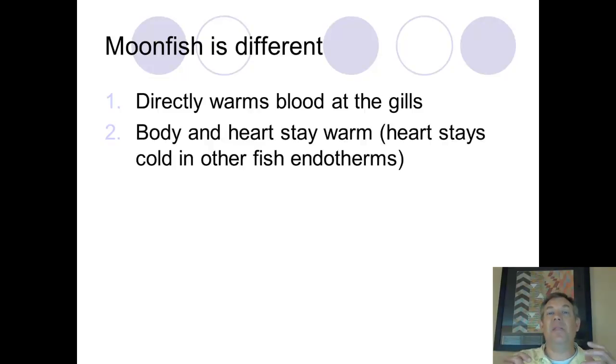They also have a lot of things like different insulation. There's more insulation, and I mentioned the behavioral aspect of constantly flapping their pectoral fins. So all these things in combination help to keep the body and the heart warm. And this really improves their cardiac output in cold water and really gives them an advantage in cold water.